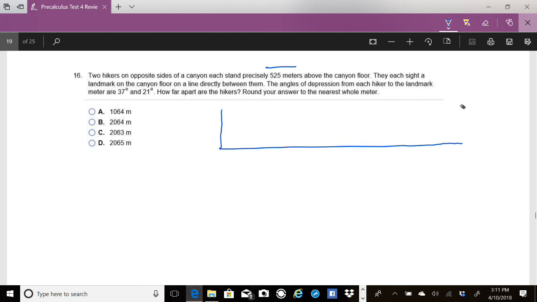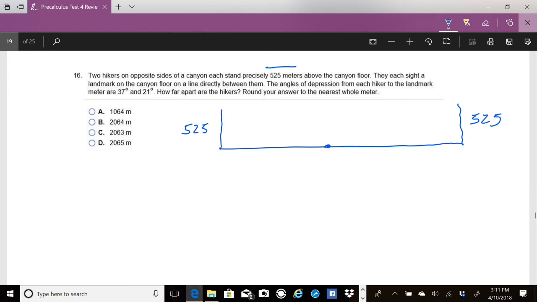Here's this canyon. They're 525 meters above the floor of the canyon, and they see an object or a landmark on the canyon floor.